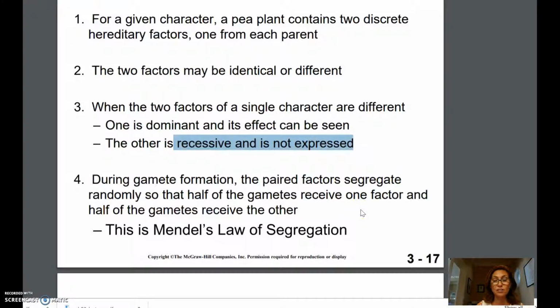Now, the recessive, as it turns out, really is expressed, but you can't see it. So during gamete formation, these 2 traits are split apart from each other. So in other words, you have a cell that has big T, little t, but when gametes are formed, big T and little t are separated from each other. And from this, Mendel came up with what he called the law of segregation. Traits are separated from one another at the formation of gametes.